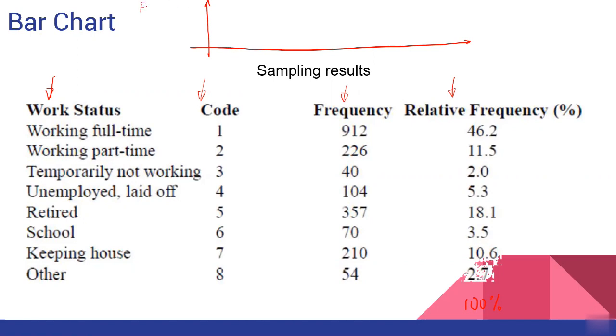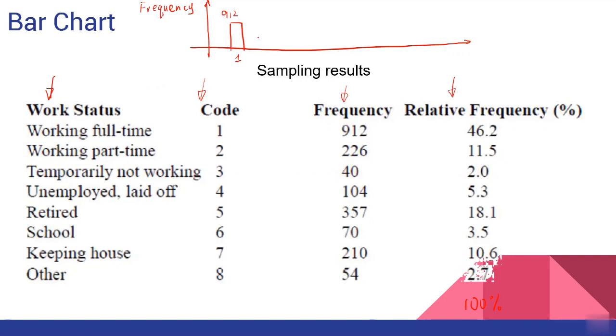If we use frequency as the y-axis, the first category we have is 112, and we put a bar at 1. That means for the work status coded as 1, we have a frequency of 112.